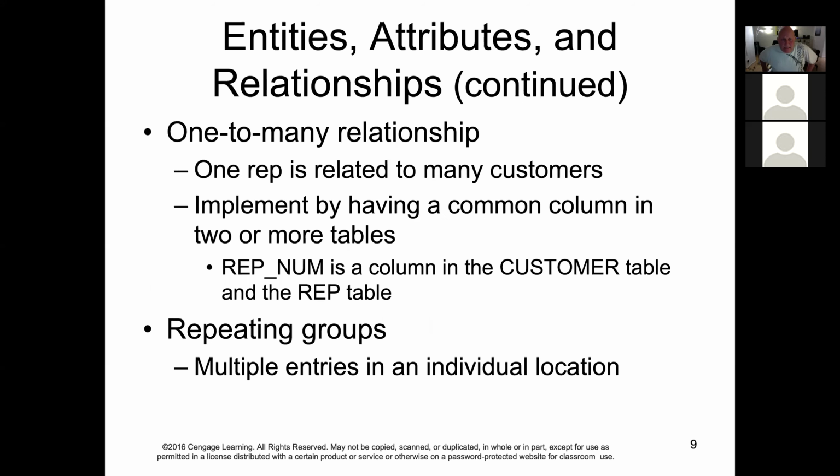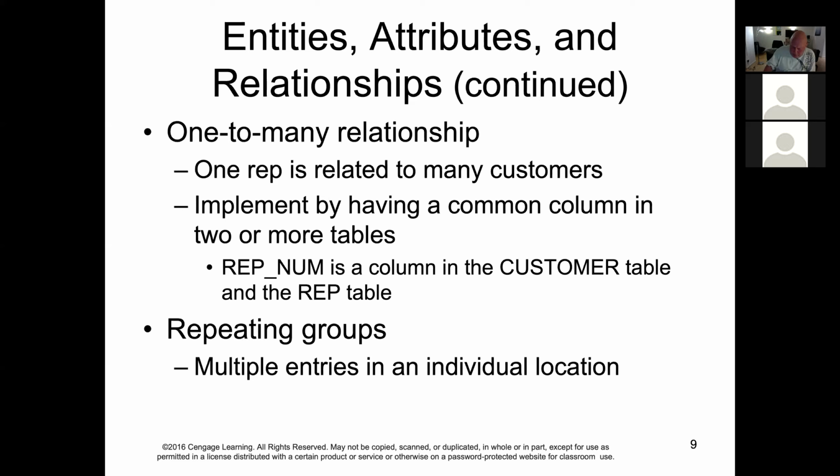Okay, let's talk about relationships. You have one-to-many relationships, which is one rep related to many customers. It's really key that you understand what one-to-many relationships are. It's implemented by having a common column in two or more tables. For example, rep_num is a column in the customer table and the rep table.